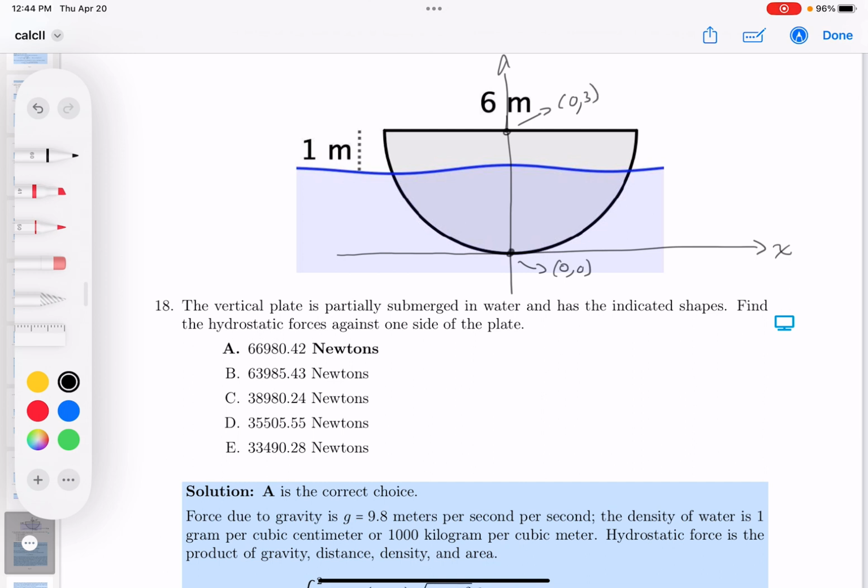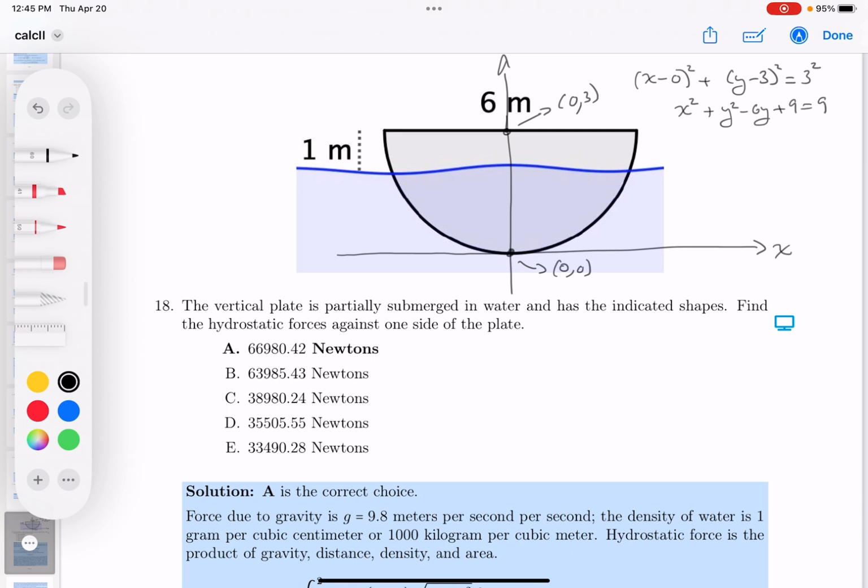I'm going to write the equation of the circle down. It's going to be x minus 0 squared plus y minus 3 squared is equal to r squared, and r is 3, so 3 squared. Let me simplify a tiny little bit. x squared plus y squared minus 6y plus 9 equals 9.